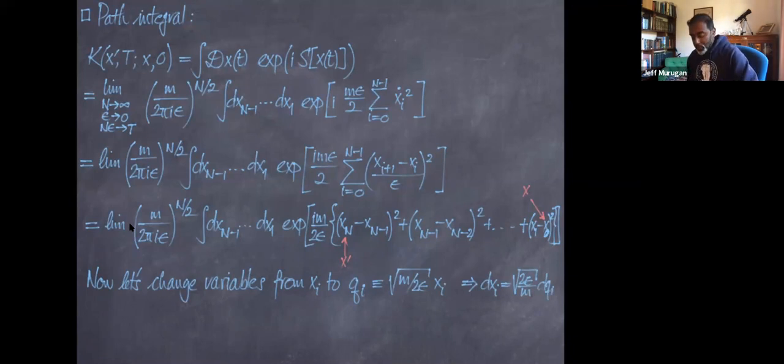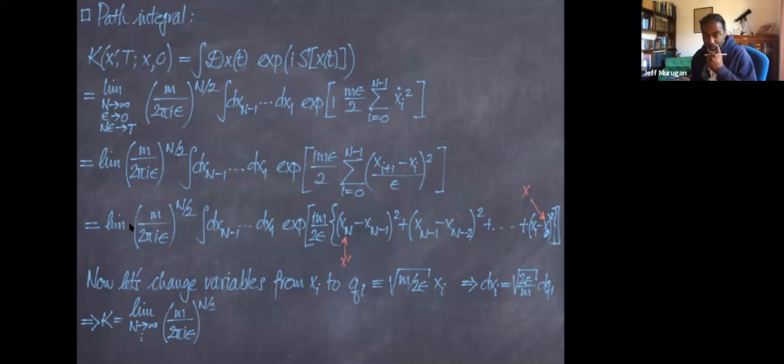Okay. And in terms of which, the integral that we are looking for, K, can be written as the limit as n goes to infinity of m over 2 pi i epsilon to the n over 2.